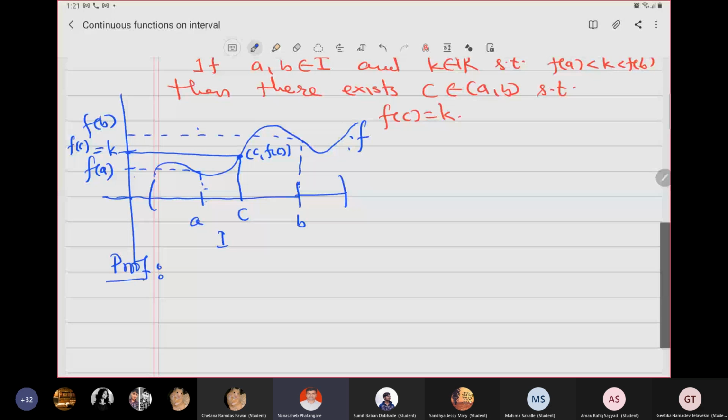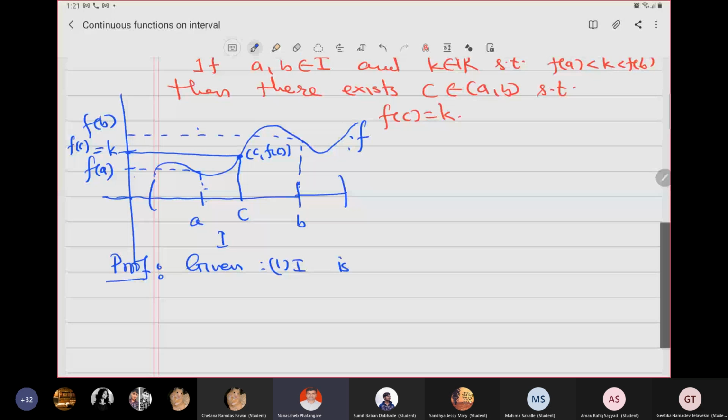Now, using the previous theorems, we'll try to prove this, and the proof is not really difficult. So what is the given data? First, I is an interval.